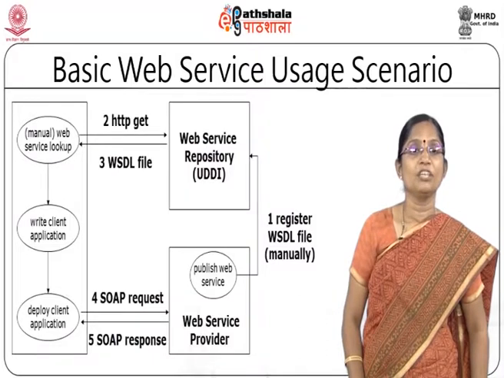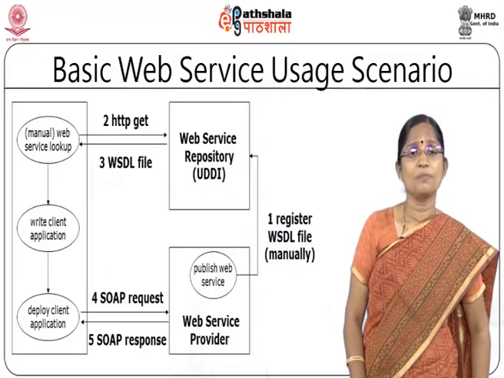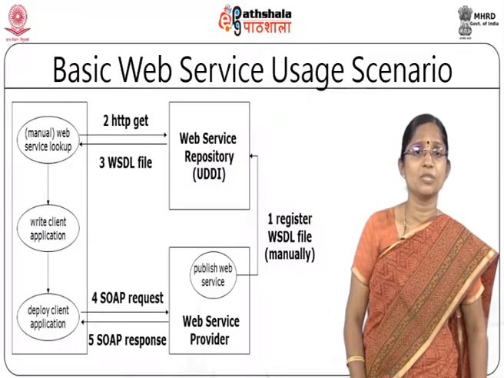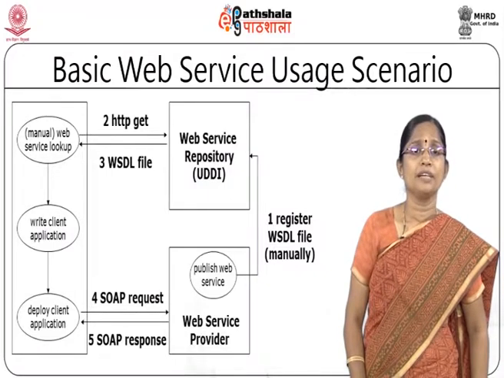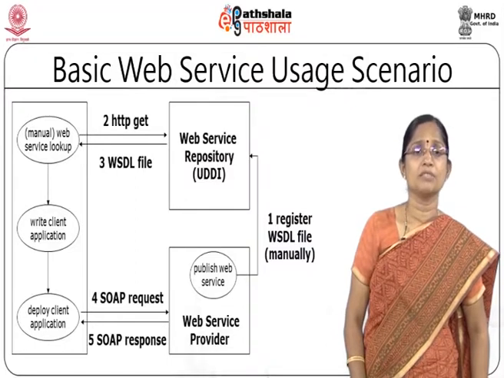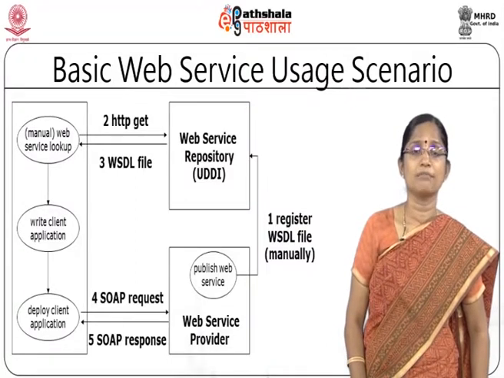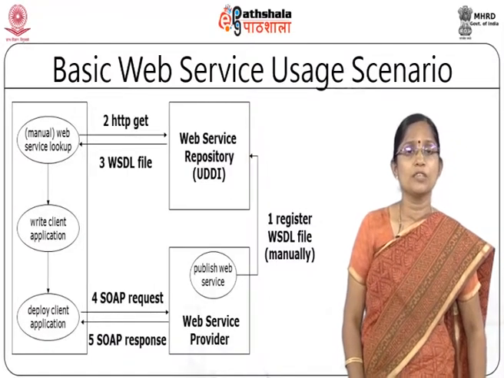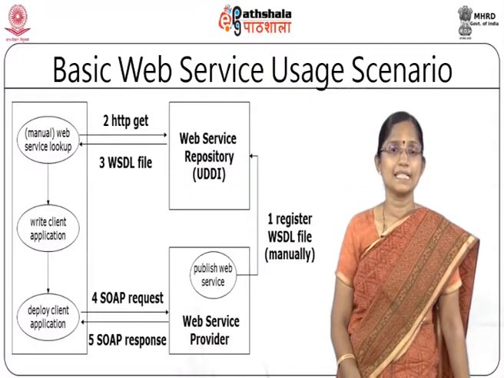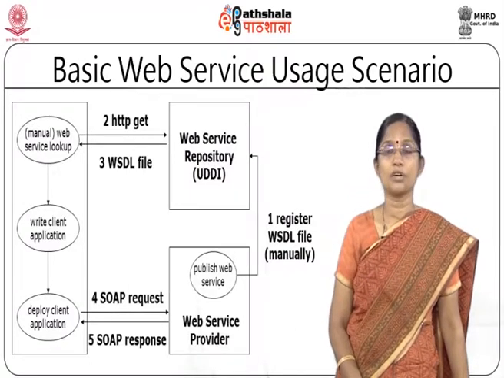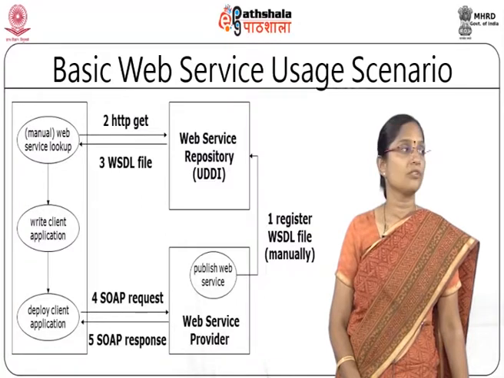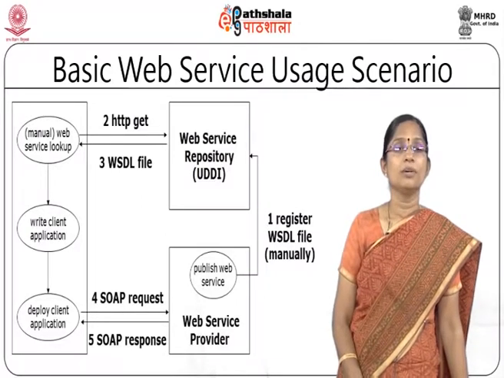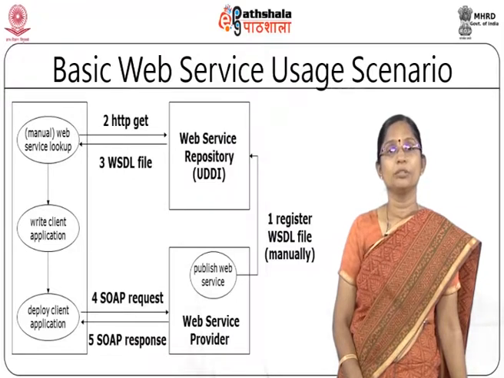Now, the same thing you can see in the basic web service usage scenario. A manual web service lookup is required for the machine on the left hand side, which is going to be a client application. Some client application has been written and deployed in the machine, and it wants to make a web service lookup. It sends either an HTTP GET request or POST request to the web service repository, UDDI.